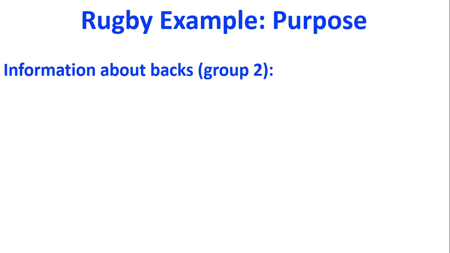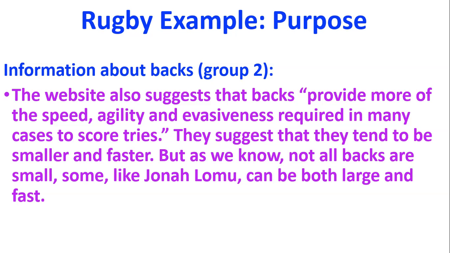Then I'm going to look at my second group, which is my backs, and I'm going to look at the weight of those backs and try and find out more information about them. The same website also suggests that backs provide more of the speed, agility and evasiveness required to score tries. So because they need to be fast, agile and have good evasiveness, that suggests that the backs tend to be smaller and faster players.